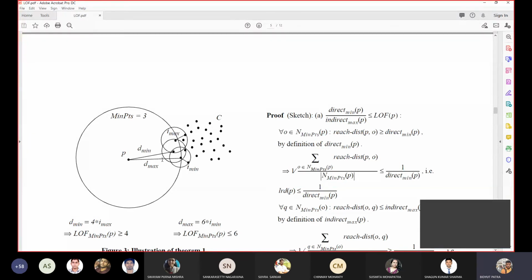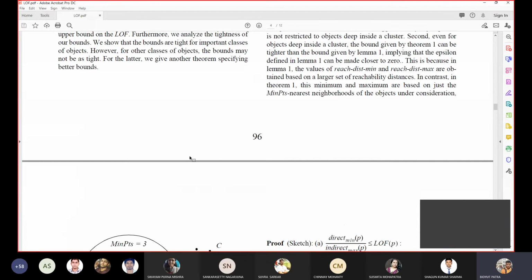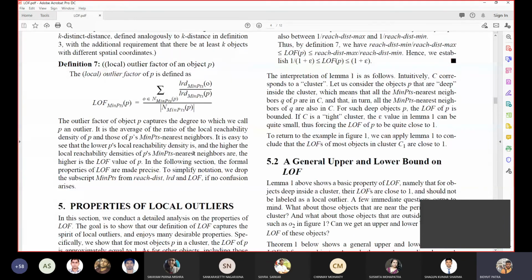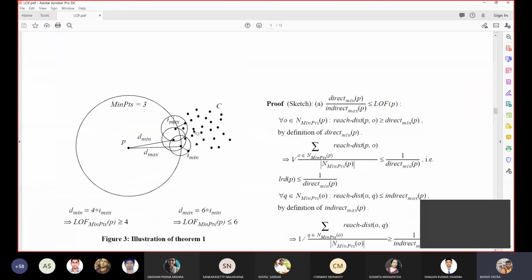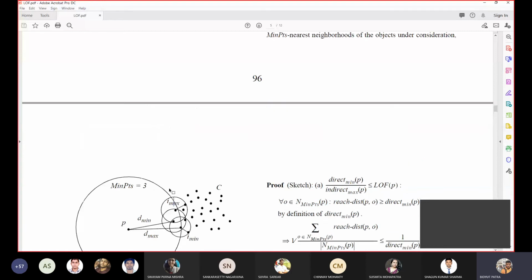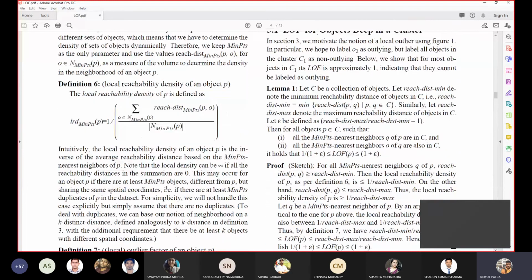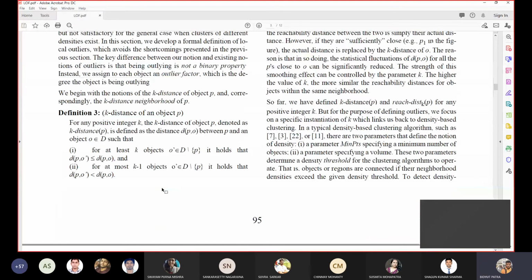Once you have the LRD, you use this formula directly and you get the result. Essentially it is computing the density of this region and the density of that region, and then with respect to the nearby density, this point is considered an outlier or not. This is the figure we showed earlier.